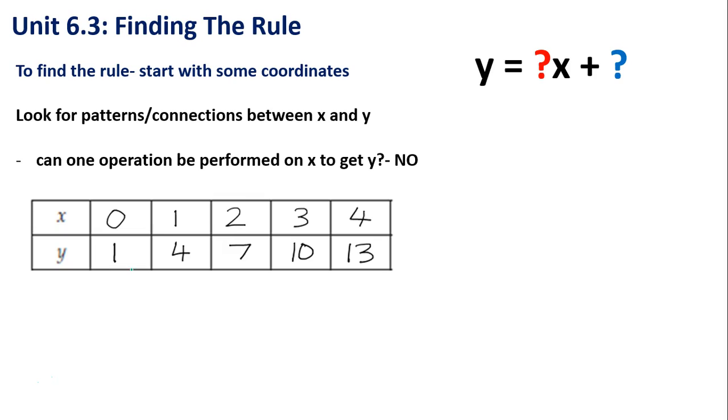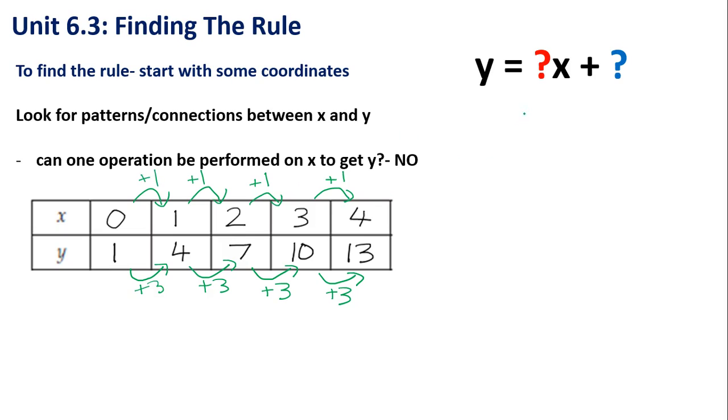Okay, so one thing that you might notice is that our y values are increasing by a constant amount. It's going up by 3 each time. So as the x is increasing by 1, the y value is increasing by 3.